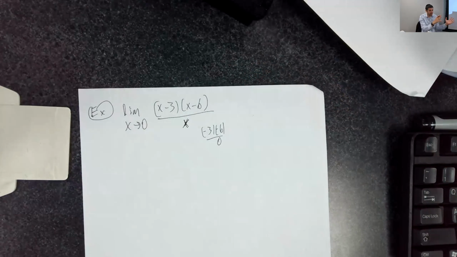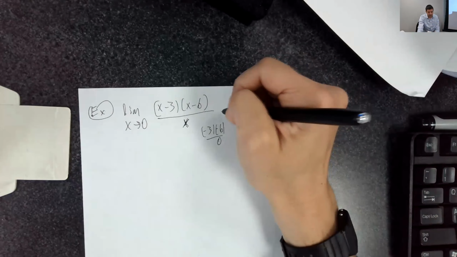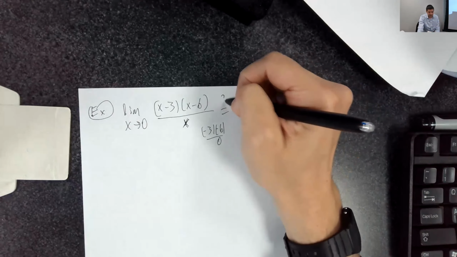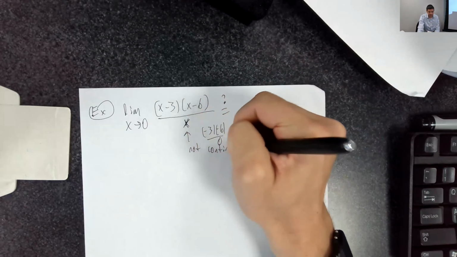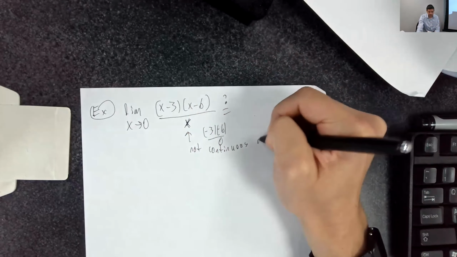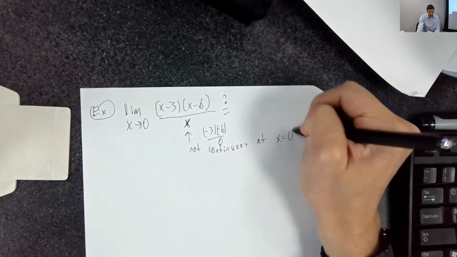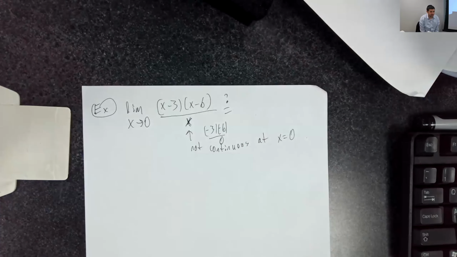Then we have to do limit from the left, plus or minus infinity, limit from the right, plus or minus infinity. Then we could maybe get an answer, but it's not continuous at x equals 0, because it's just undefined.